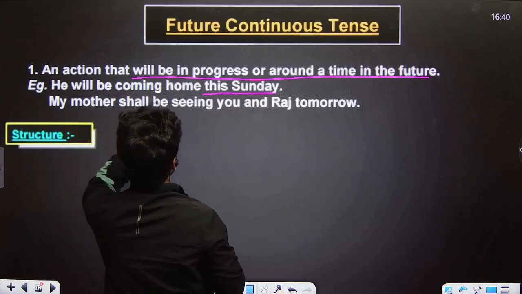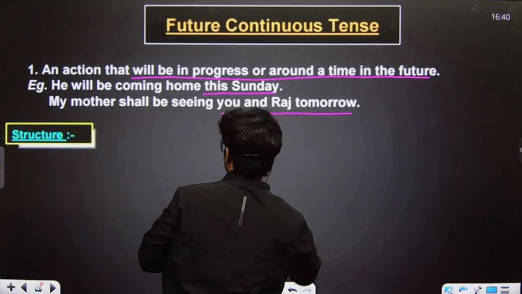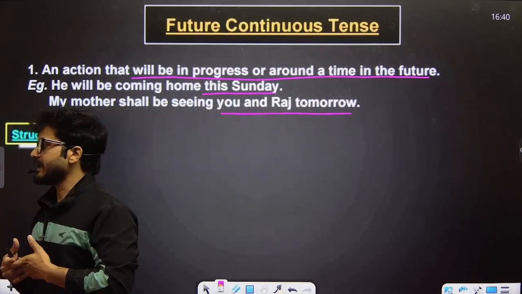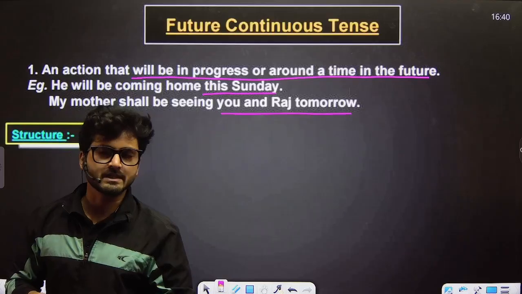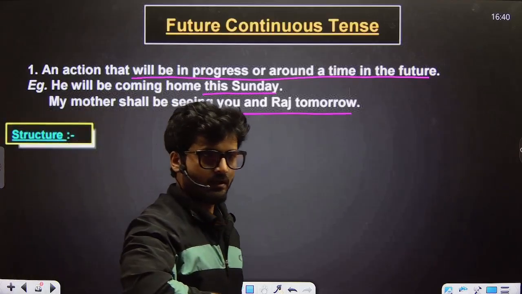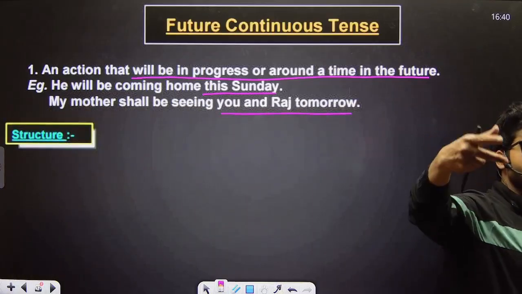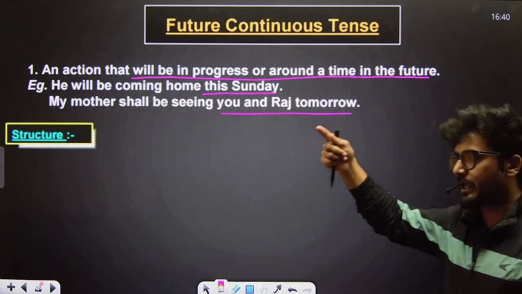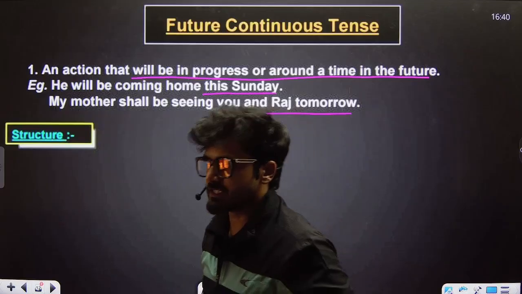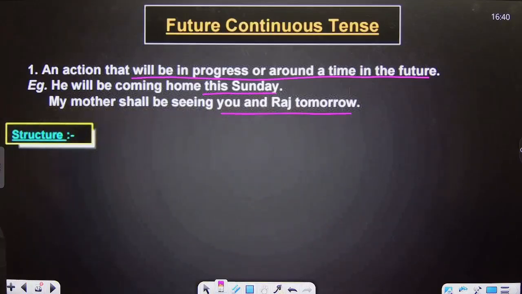My mother shall be seeing you and Raj tomorrow. Whatever action you are seeing, they are in the form of progress, or they are going to happen very soon. That is the future continuous tense.